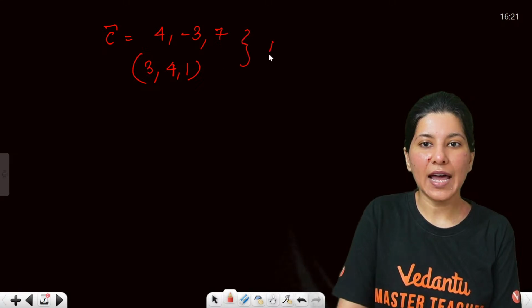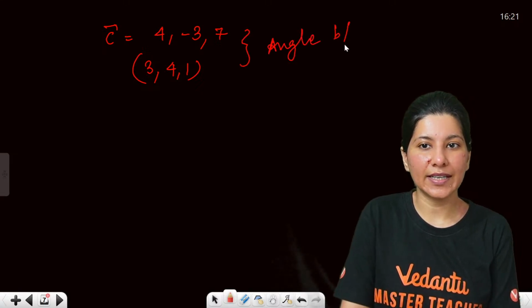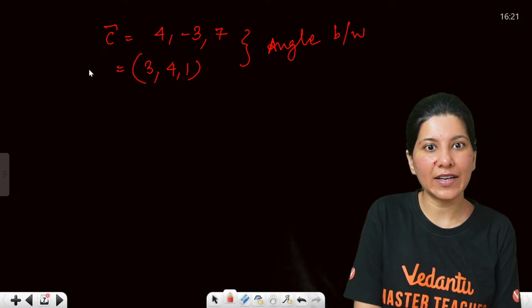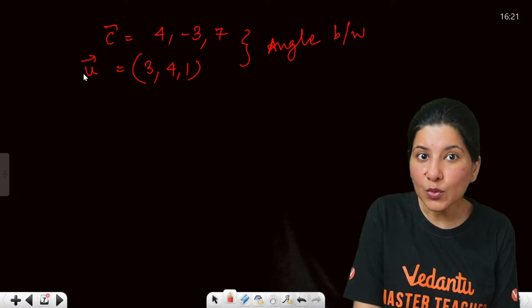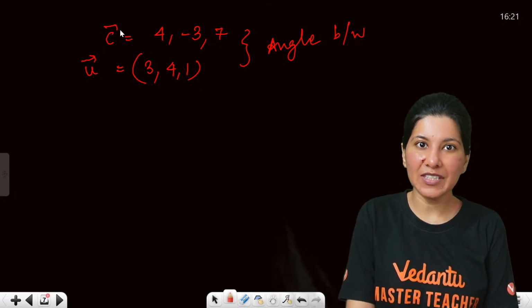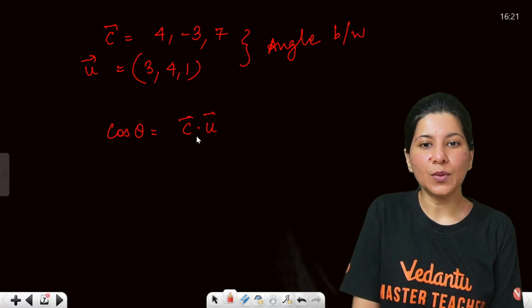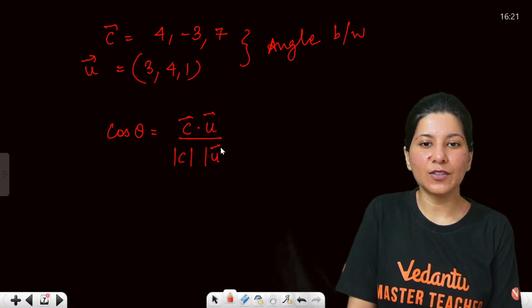So you are looking for angle between these, correct? You know how to calculate the angle between. Suppose this is another vector, let's say unknown vector u. Let us assume you are looking for angle between C and u. So cos theta will become what? C dot u upon magnitude of C, magnitude of u, correct?